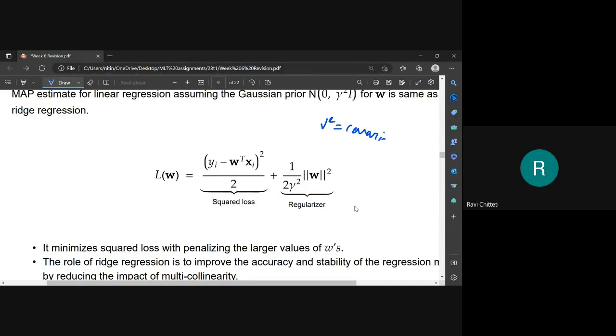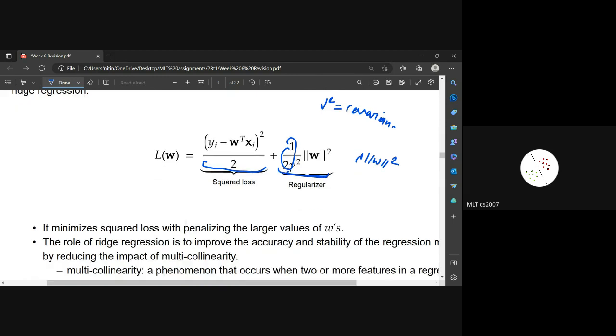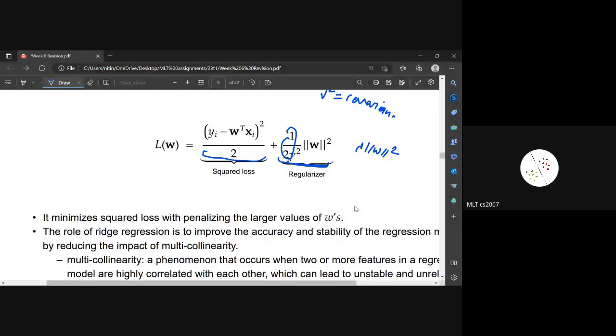Correct. Right? So this is actually replaced by another concept which is lambda W square. This is the squared loss, and this is called the regularizer, right? So our task is to minimize this loss.